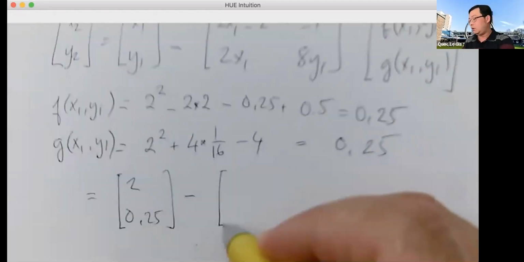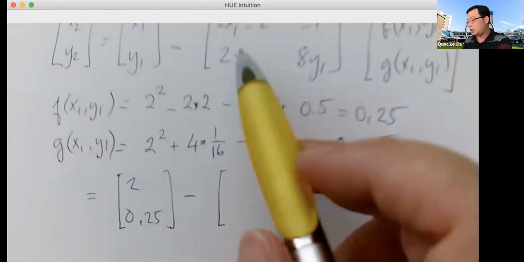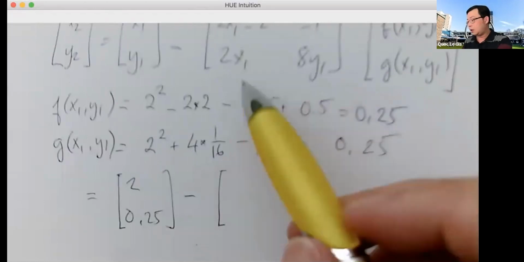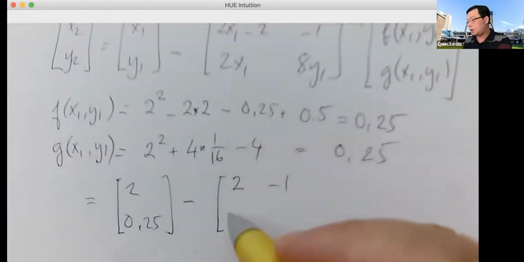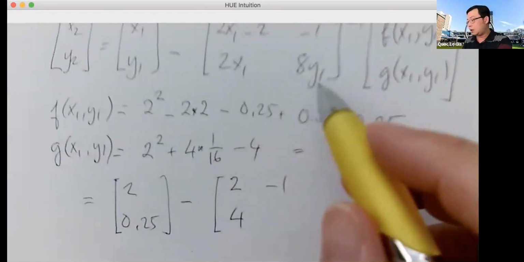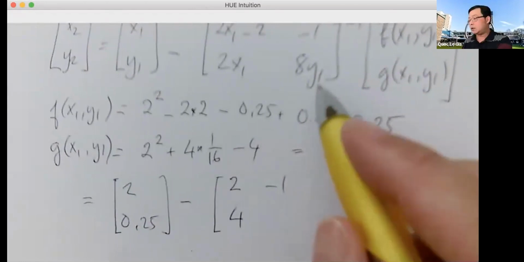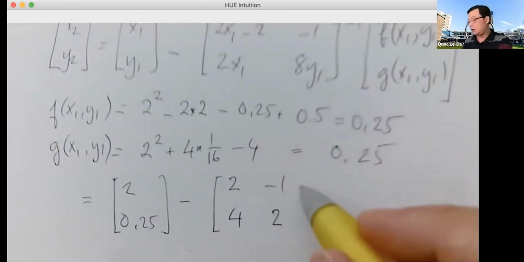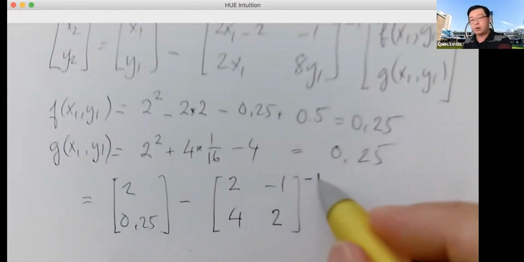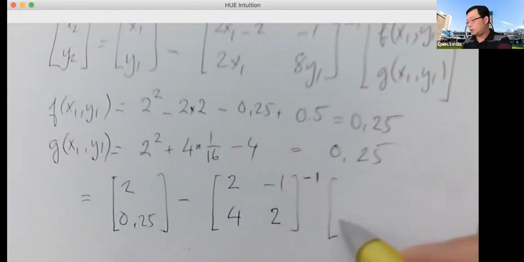So 2 times 2 is 4, 4 minus 2 here, minus 1 here. So this one is 4. This one is 8 divided by 4, just 2. Inverse, so do not forget the inverse. 0.25, 0.25.